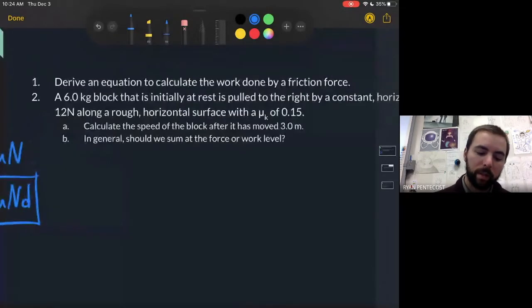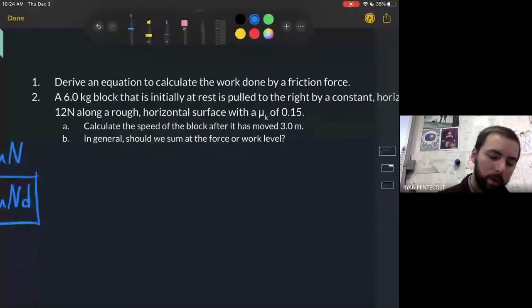We have a 6 kilogram block that is initially at rest, is pulled to the right by a constant horizontal force of 12 newtons along a rough horizontal surface with a coefficient of kinetic friction of 0.15. So let's draw this real quick. We have a rough surface with a mu k of 0.15.